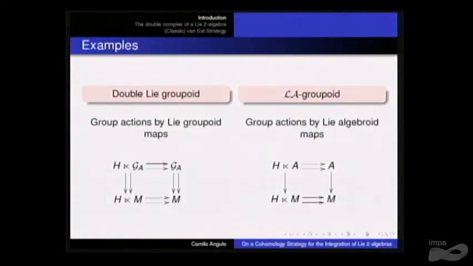Next, there's this example, which is a group acting on a Lie algebroid or a Lie groupoid in a compatible manner. It's not simply by Lie algebroid maps and Lie groupoid maps. You need to ask a stronger compatibility condition. Think of Hamiltonian actions. It's not enough to have an action by symplectomorphisms.